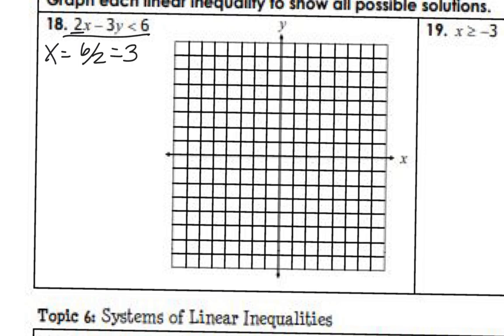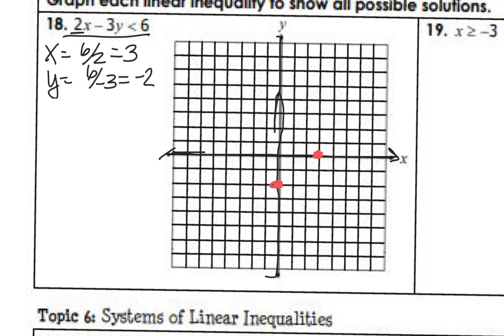So this is my x, and this is my y. All right, so my x-intercept is 3. And then my y-intercept is 6 divided by the coefficient of y, negative 3. So my y-intercept is negative 2.